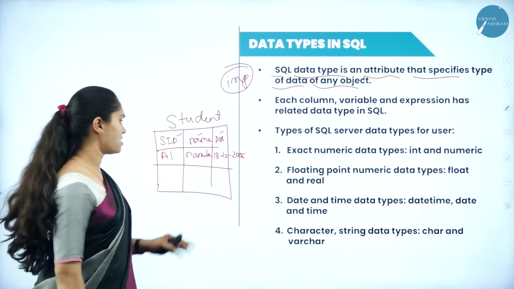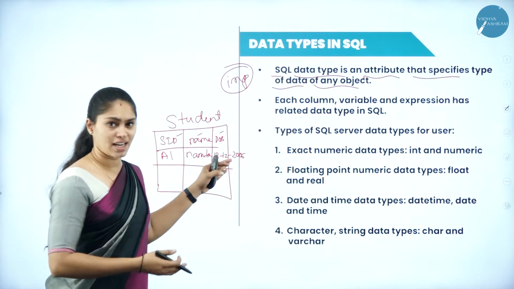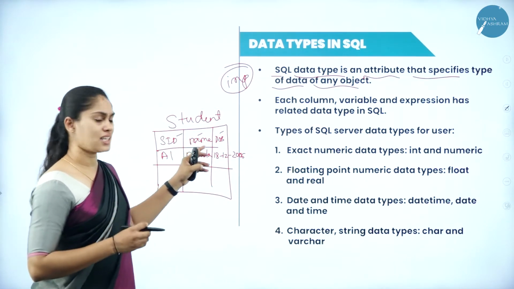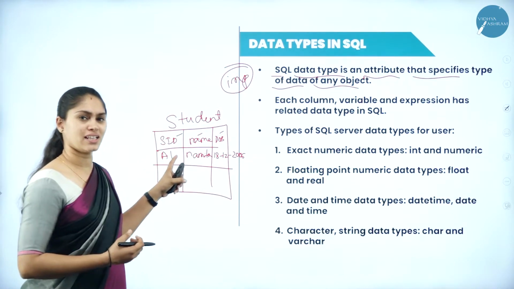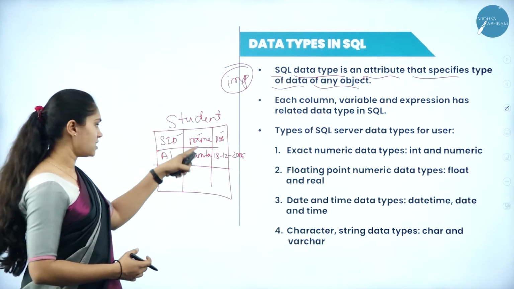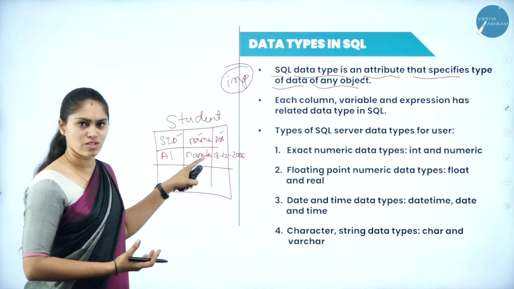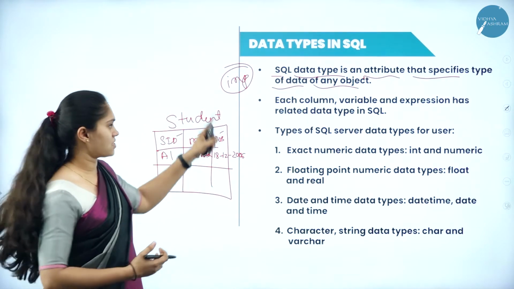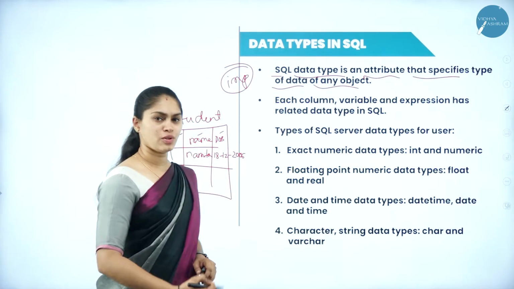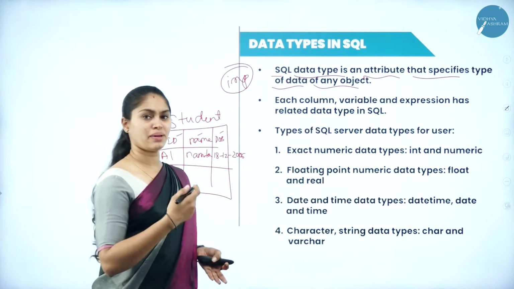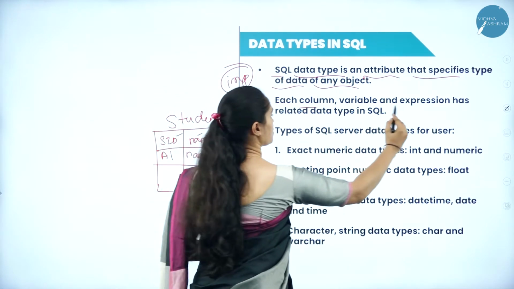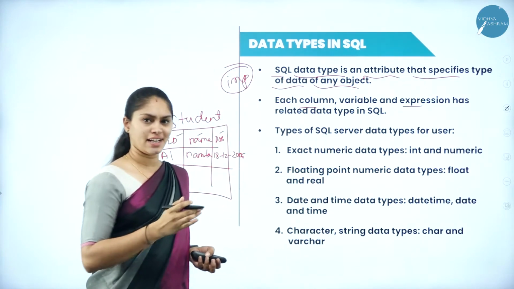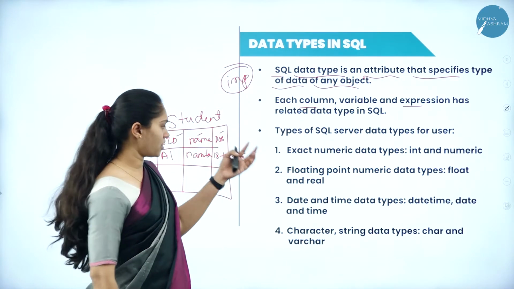For example, if I consider date of birth, what is its data type? Then what is the data type of name and student ID? That means we are specifying which kind of values the name can hold, or which kind of values the date of birth can hold. That represents the data type. In SQL, each column, variable and expression will have a related data type.